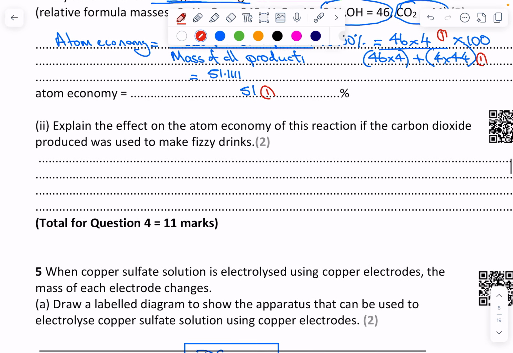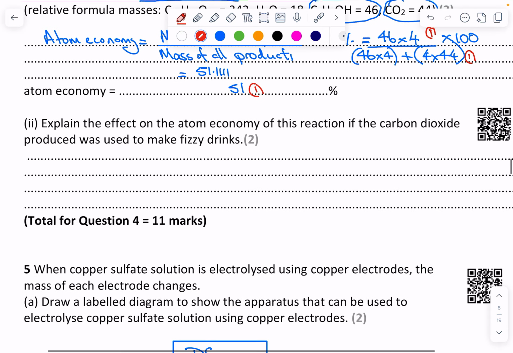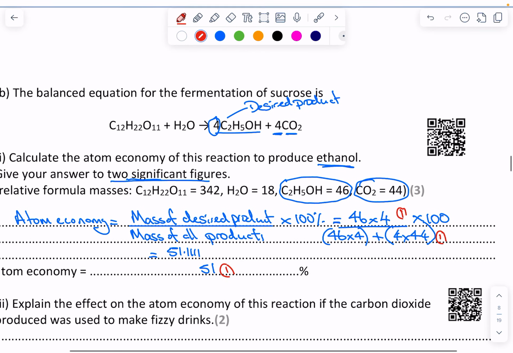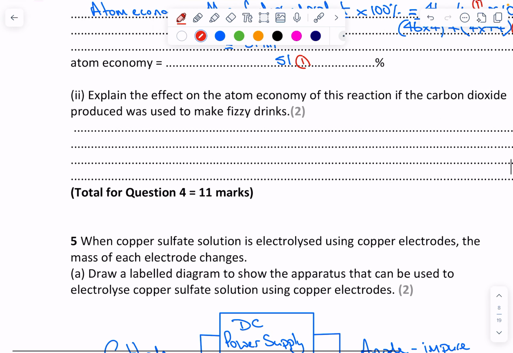Right, explain the effect on atom economy if the carbon dioxide produced was used to make fizzy drinks. If I come back up to the equation a minute, at the moment, the carbon dioxide is wasted. But if I send this off to fizzy drinks, this also becomes desired, and therefore my 2 products are desired, and the atom economy would become 100%.